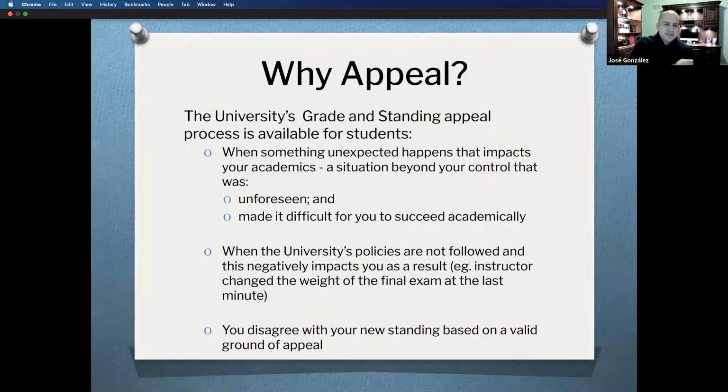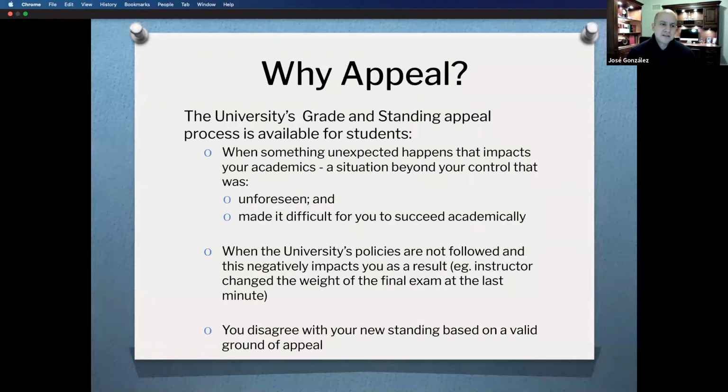Why to appeal? Well, basically the grade that you receive, right? I mean, you are working on either a grade appeal or standing appeal, and you believe that the grade that you receive doesn't reflect your knowledge, or there was really something beyond your control that impacted your final grade or your academic standing, and you believe that that's not fair.